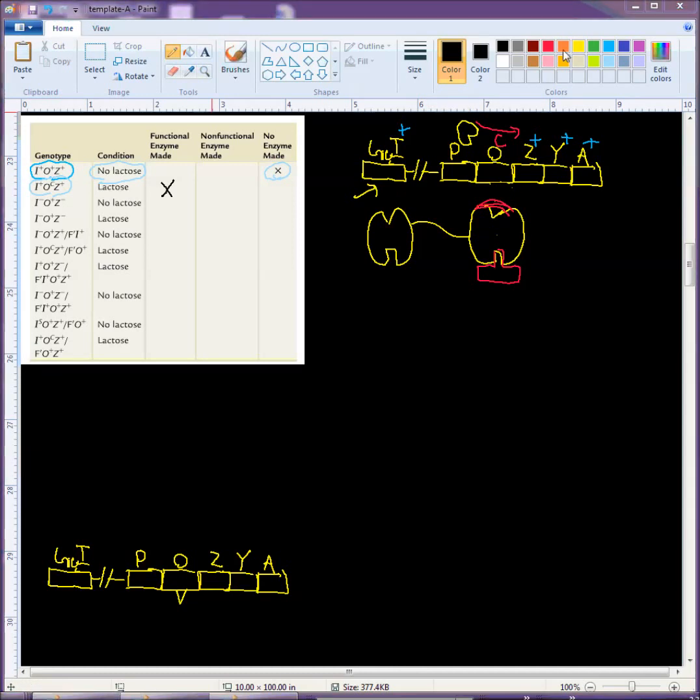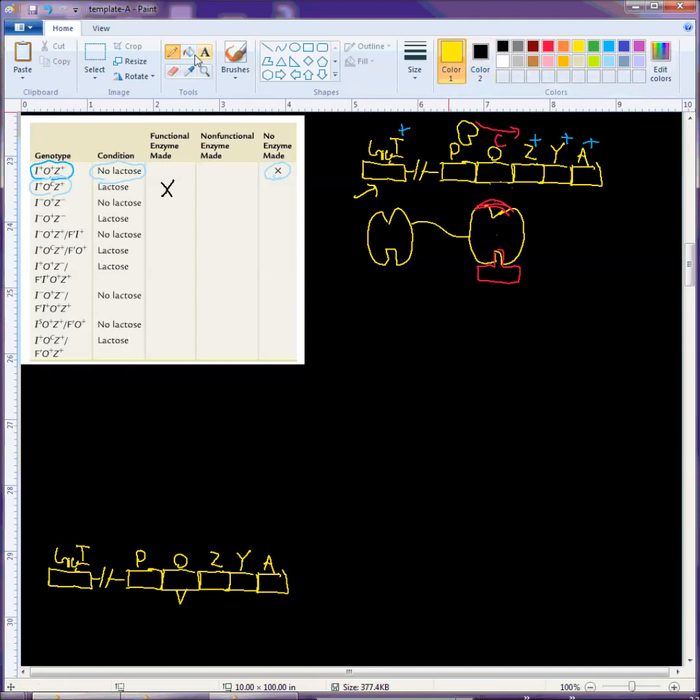So for the next one, I'm trying to change the color of my pen. Okay, for the next one we have lac I minus.